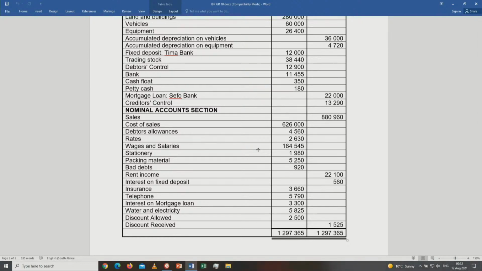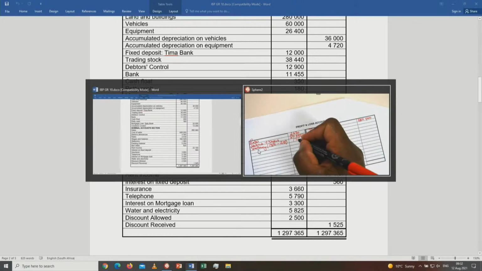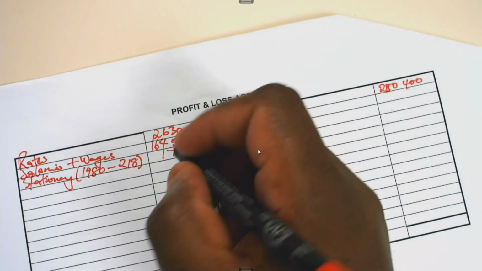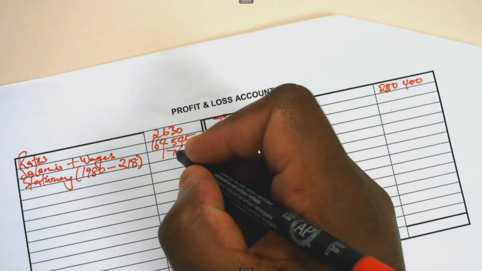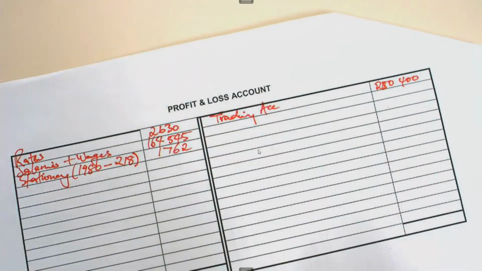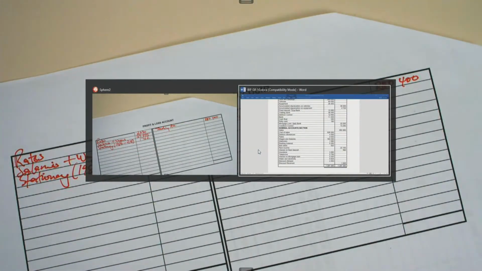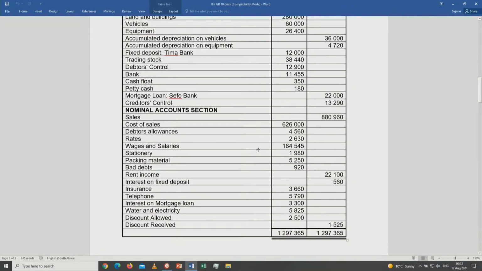So we subtract what is on hand, which is 218, and the balance would be an expense. It will be the stationery that we have used: 1,762.